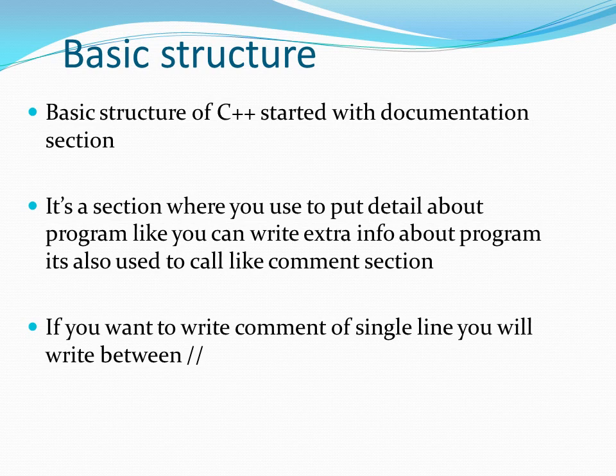It is also called the comment section, or generally speaking we also call it the rough section, where you can write what should not be part of the program, but would be quite informative and necessary for you to keep as information. If you want to write a comment of a single line, you will write it after two slashes. This is the structural formula for the basic structure.